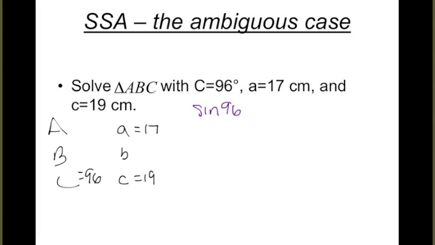I'm going to set up where I know both letters, sine of 96 over 19. The only other thing I know is 17, and that's a side, so it goes on the bottom. On the top, then goes sine of the angle that matches with that 17, so sine of A.